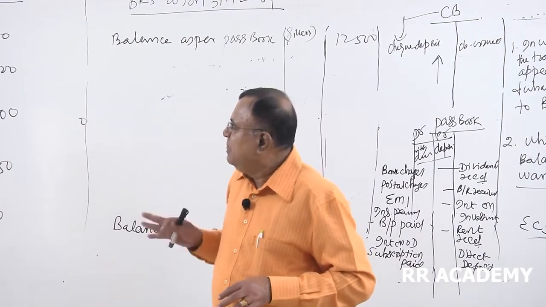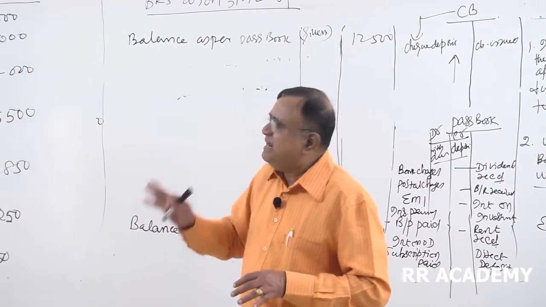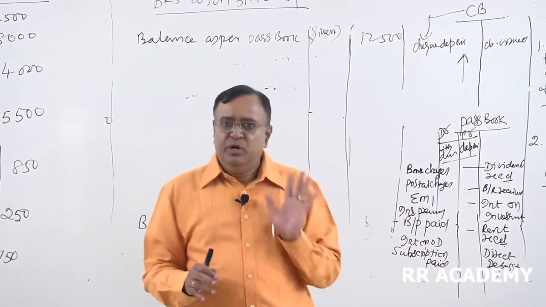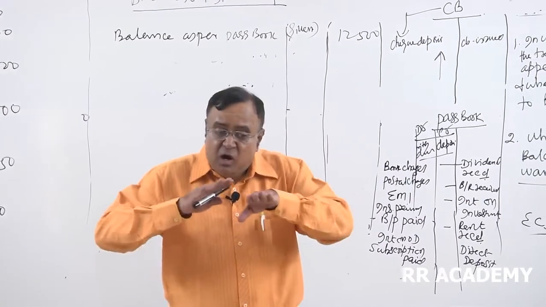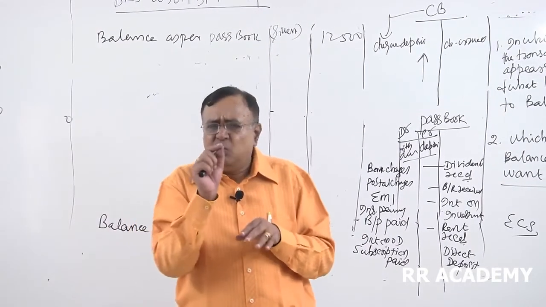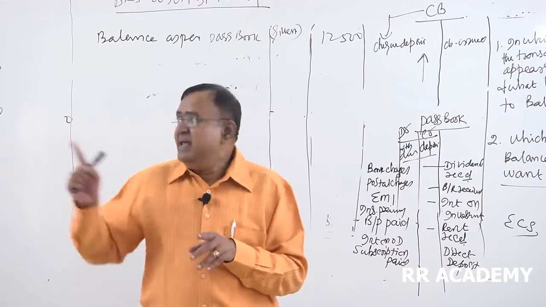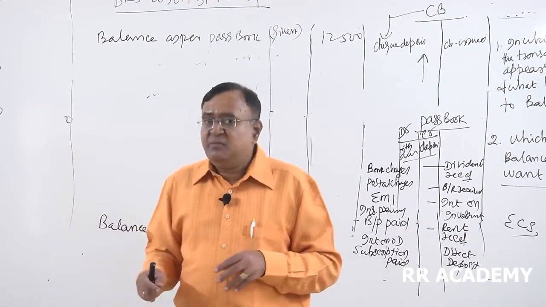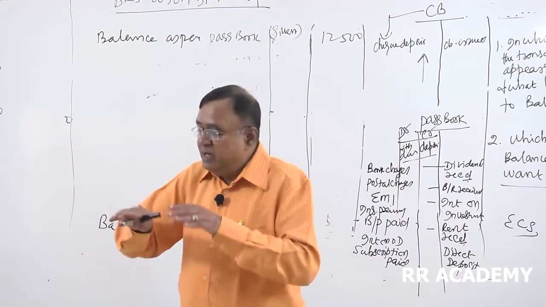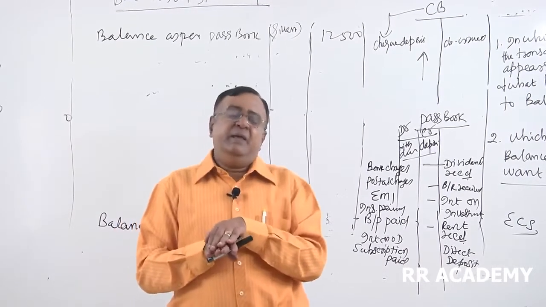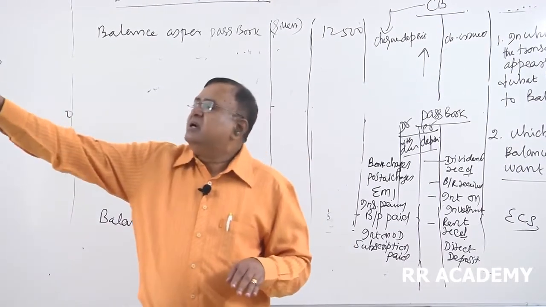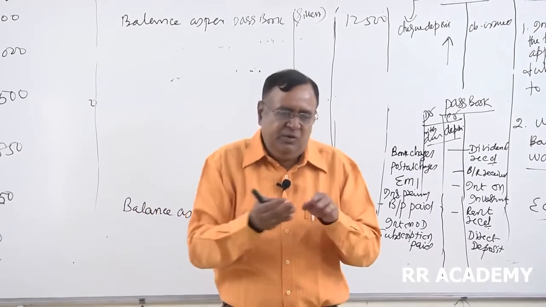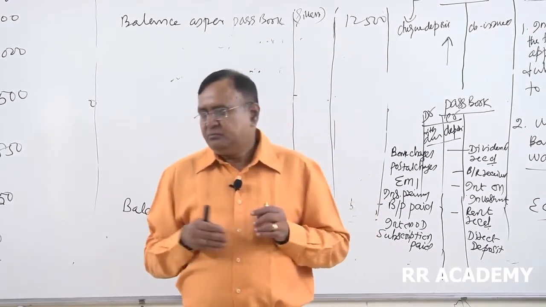Now, first one, check deposited directly in the bank. I told you, check means always cash book, but here is one exception where this will appear in the passbook directly, because our customer is coming to give the check to our accountant.